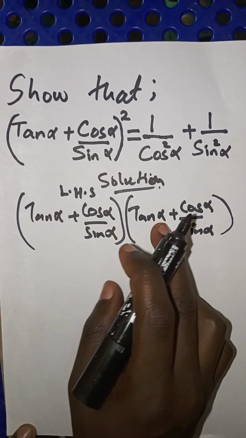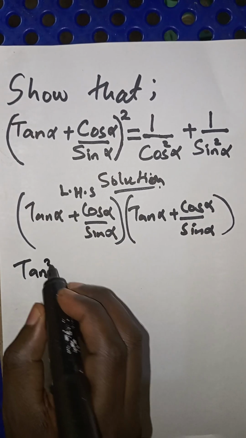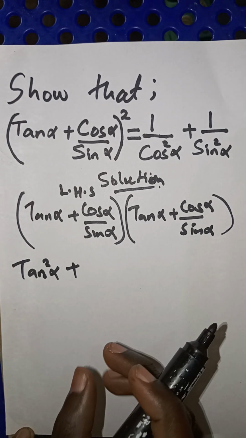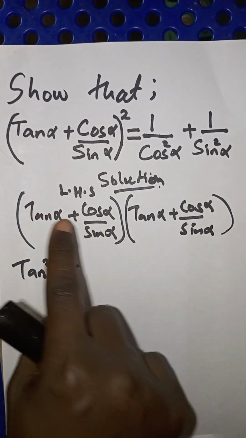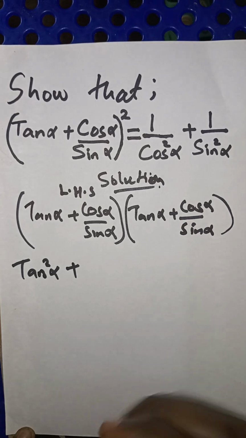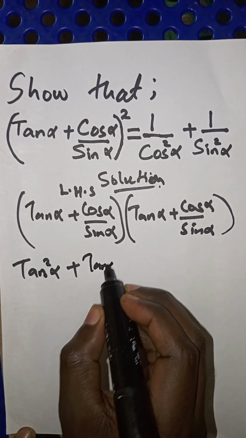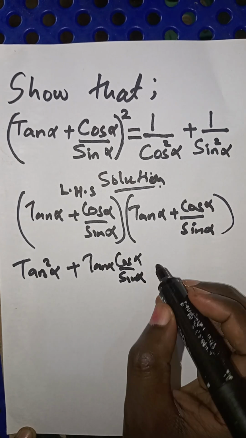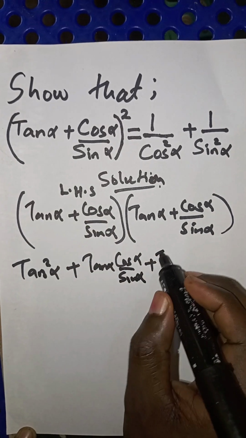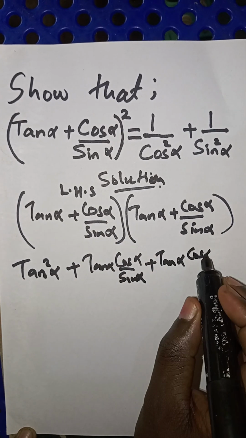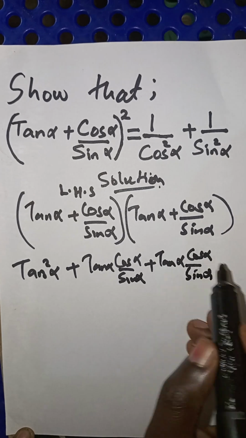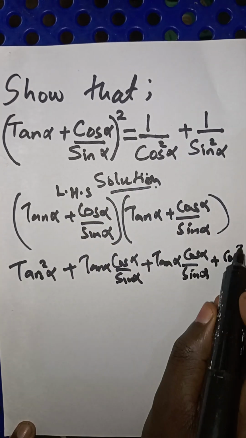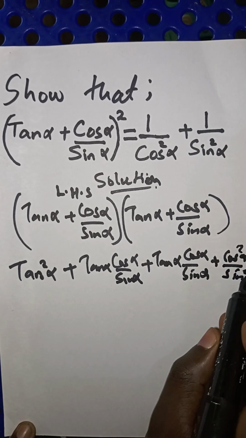If you take tan times tan, you're going to get tan squared alpha. Then tan times the other term gives tan alpha, cos alpha over sine alpha, plus the other cross term gives tan alpha, cos alpha over sine alpha, plus if you take this times this, you're going to get cos squared alpha over sine squared alpha.